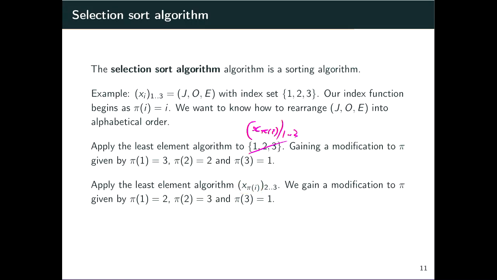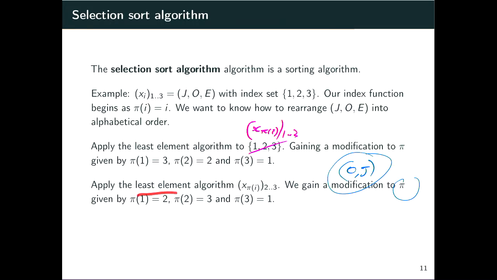So this E has now been put at the front and is fixed there, and then we're looking at the new sequence, which would look like OJ. But we're not really looking at this, we're just tracking it with our permutation.